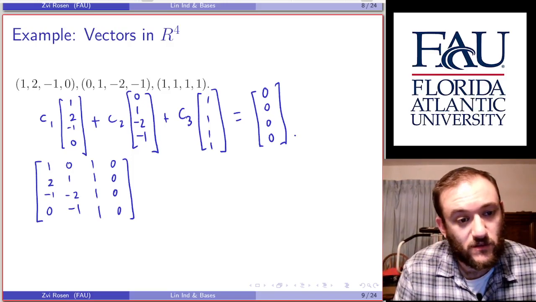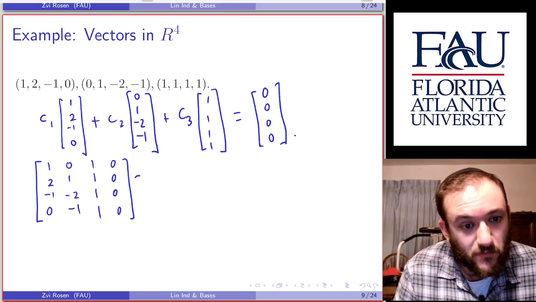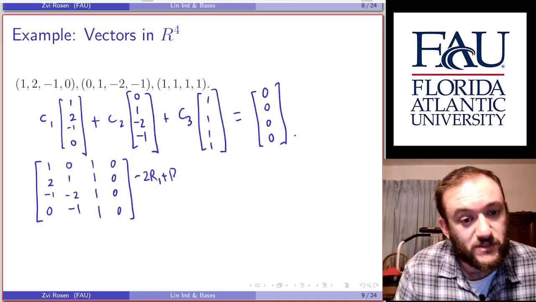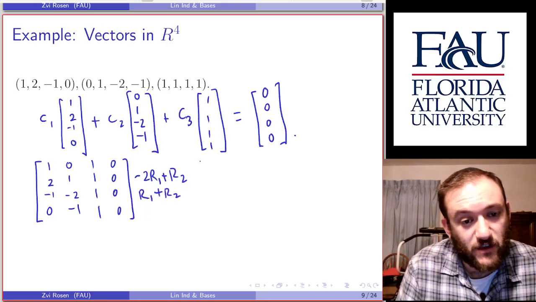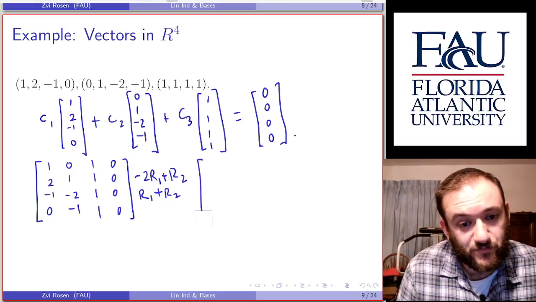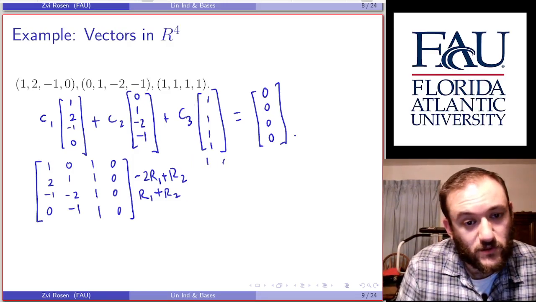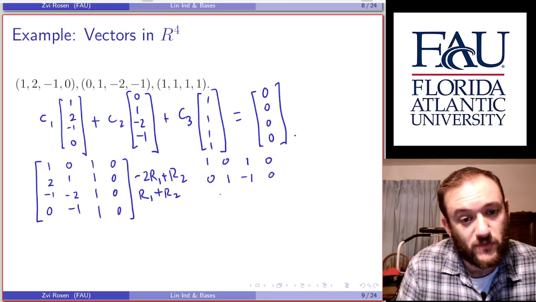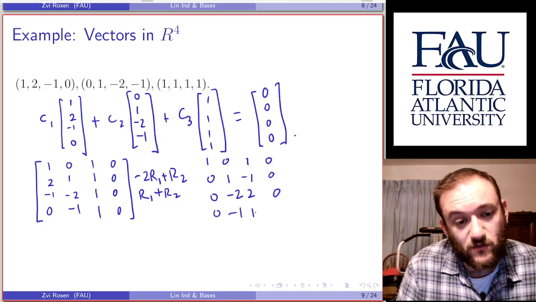Okay, so let's go ahead and row reduce. We'll take minus 2 row 1 plus row 2 and then row 1 plus row 2. And down here, we won't touch it for now. So we get 1, 0, 1, 0; 0, 1, -1, 0; 0, -2, 2, 0; 0, -1, 1, 0.